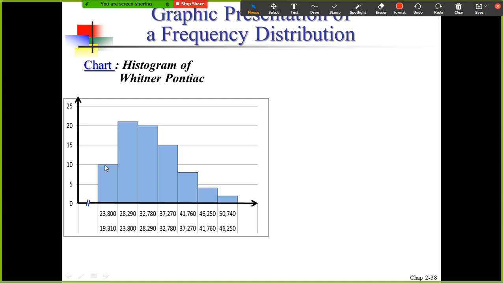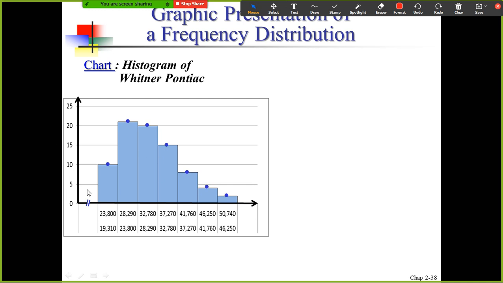The second class midpoint is exactly the middle of the second bar, and so on. So the class midpoints are already done.